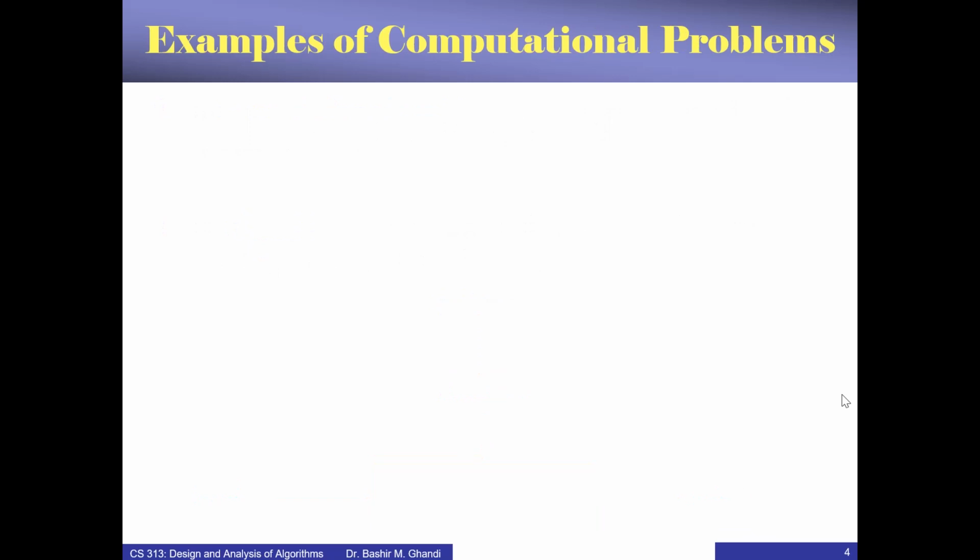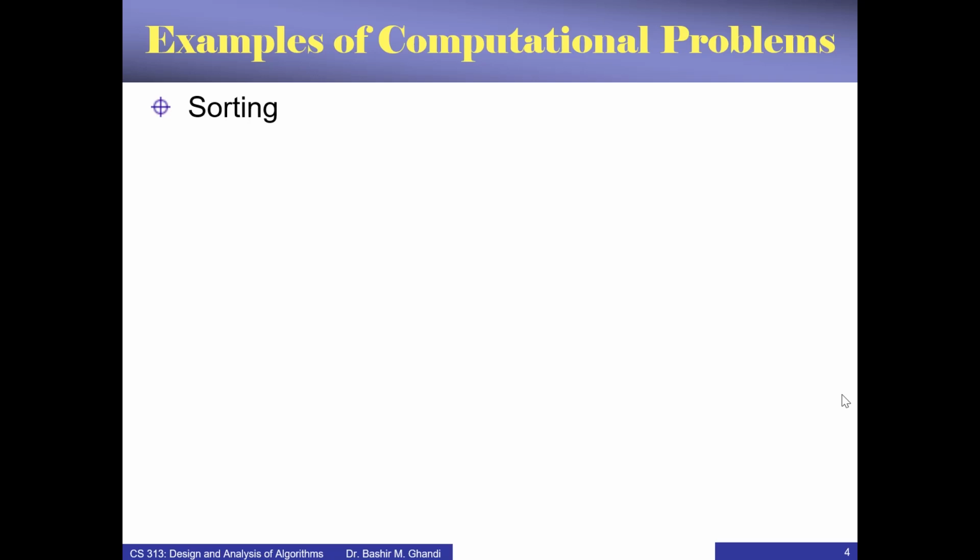These are examples of computational problems, just so that you don't think they are something extraordinary. Sorting could be a computational problem where you receive a sequence of data items, which could be numbers, could be text, could be whatever, but we want to sort it in some particular order.